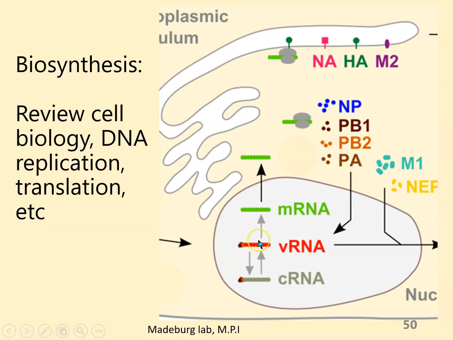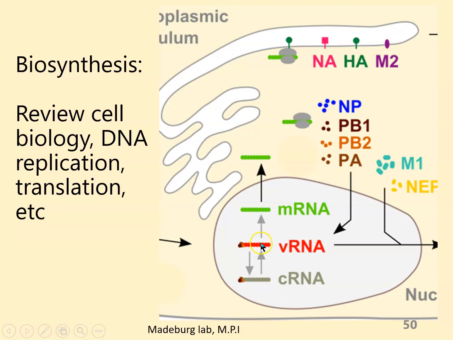These enzymes make the reverse complement, which is messenger RNA, and that can lead to synthesis of all these proteins. But the virus also wants more viral RNA. It wants to make lots of copies of itself. So it needs to make lots of copies of this molecule.